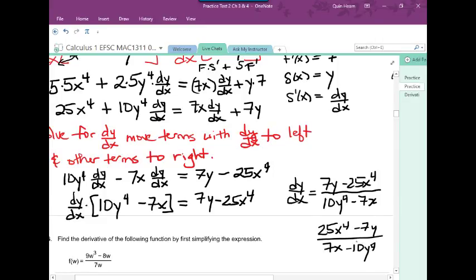Those are equivalent, right? Because if you multiply the top and the bottom each by -1, which doesn't change the value because -1 divided by -1 is 1, distribute the negative, you would get the version that I have. It was just when they were solving their equation for dy/dx, they probably moved the dy/dx's to the right instead of the left and changed the signs. But it's all equivalent.